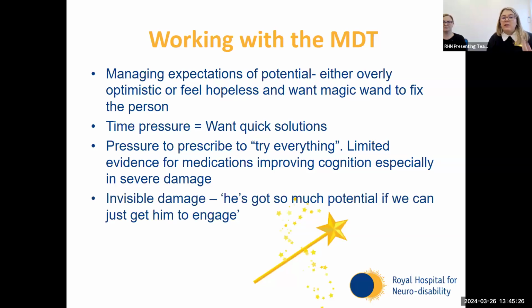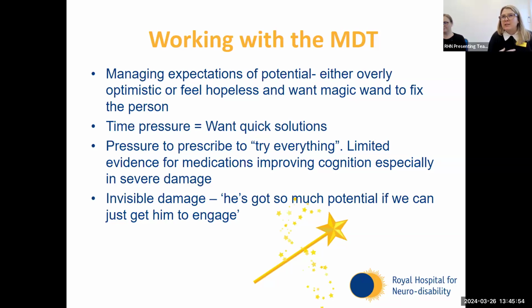The other thing that we always have discussions about is that cognition is often the invisible damage. If somebody's got hemiplegia and it's not responding and it's quite dense, we will quite rapidly be able to make a prognosis that actually that's likely to return very slowly, if at all. Whereas with cognition, people are more reluctant to make prognoses, and it becomes an invisible damage.